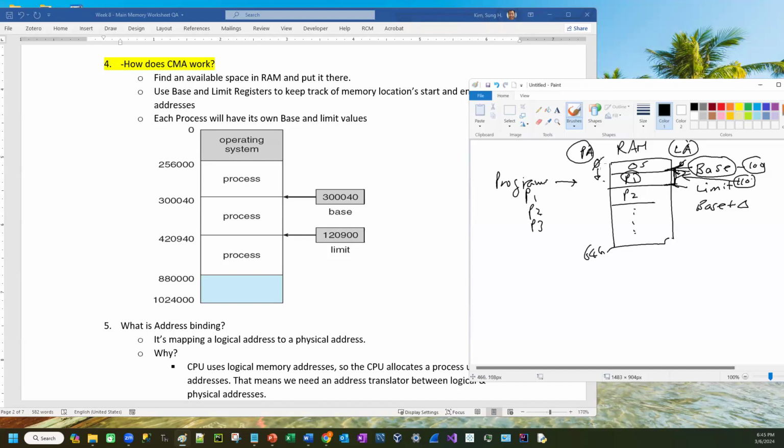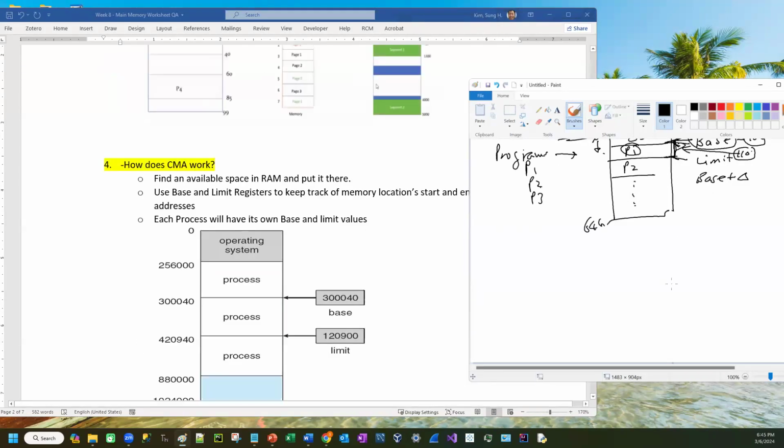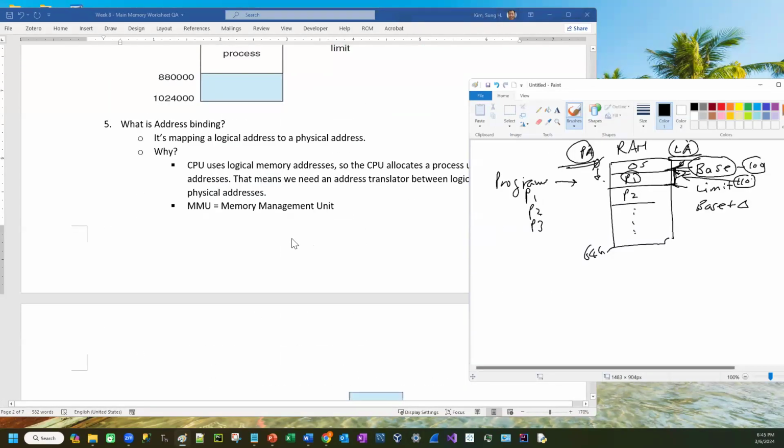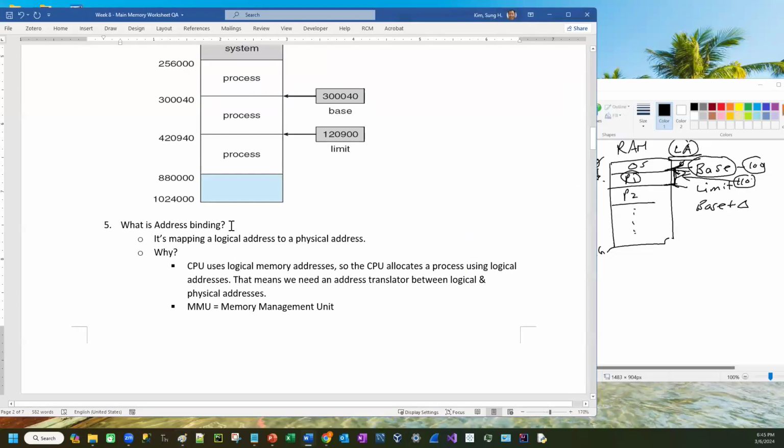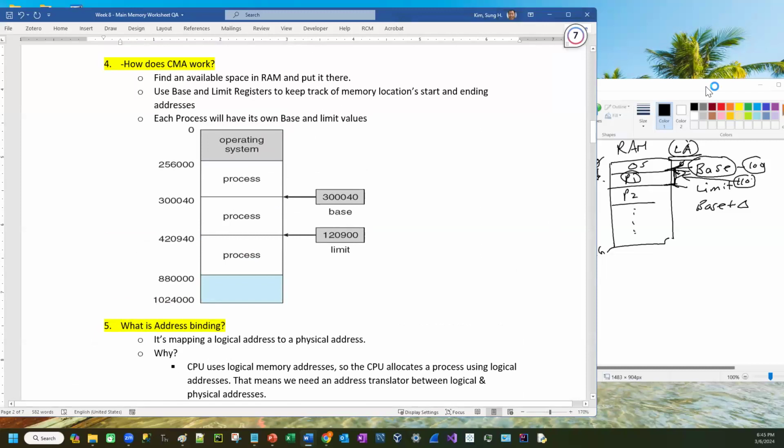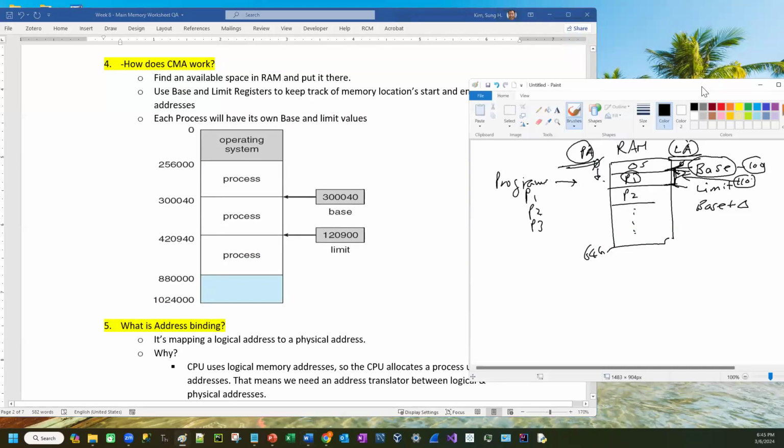But if we are using a physical address as well as the logical address, then there could be a confusion, right? So what we need to do is to use what we call address binding. Okay? An address binding means that we're binding our logical address with the physical address.